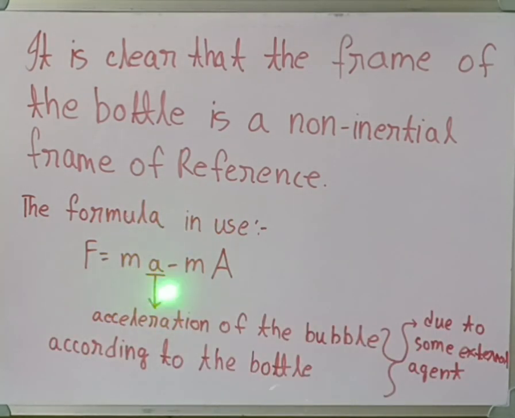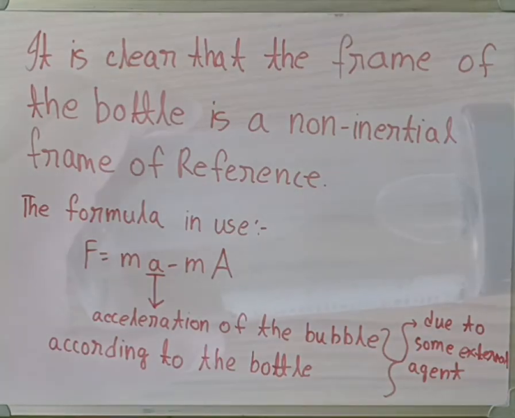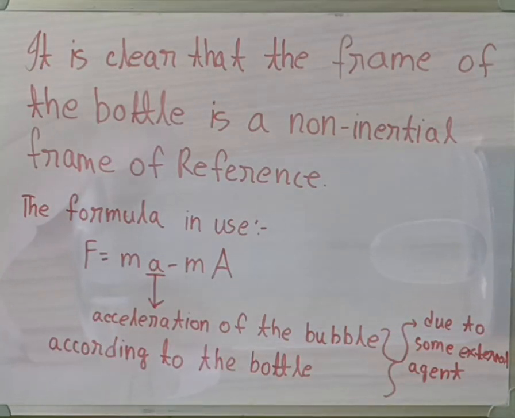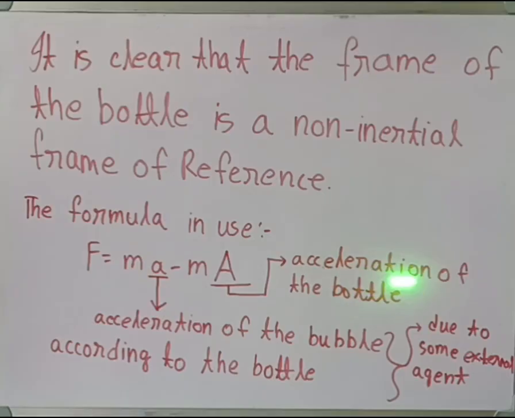Here small a is the acceleration of the bubble according to the bottle, and this acceleration is due to the force applied by some external agent. In this case the external agent is me, because I was applying the force, and capital A is the acceleration of the bottle.